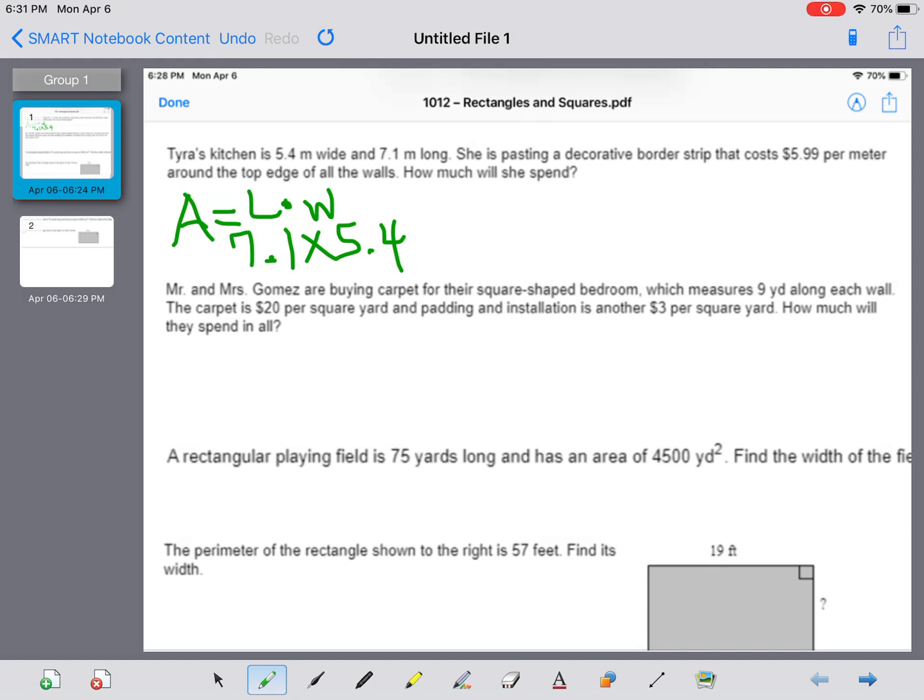So when we multiply those two dimensions together, we get 38.34 square meters. Now to find the cost, just multiply that amount by $5.99.